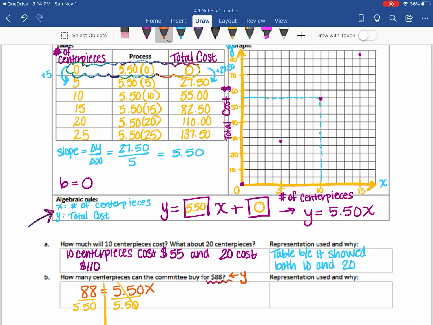And I'm just going to get my calculator out and take the $88, divide it by 5.50, and that's going to give me 16 for x. Okay, so we want to make sure that we answer the question. So we can buy 16 centerpieces.